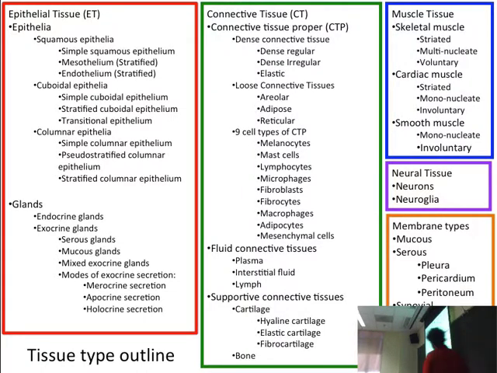So as I had mentioned, epithelial cells are cells covering various surfaces, and they also form glands. In the category of epithelia, we talked about yesterday the fact that there are squamous, or the squished cells, the cuboidal, and then the columnar.